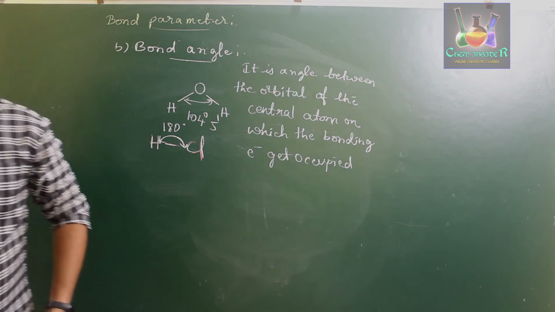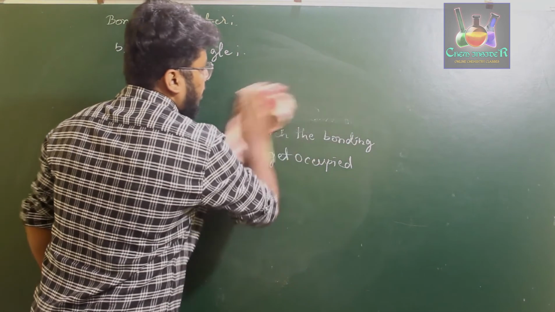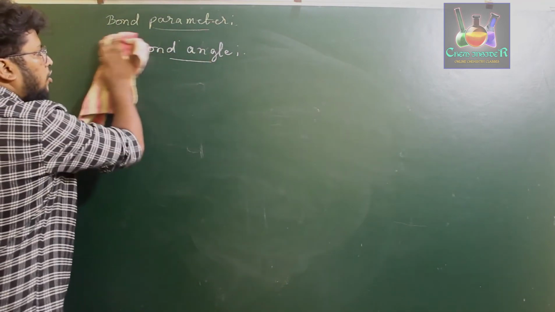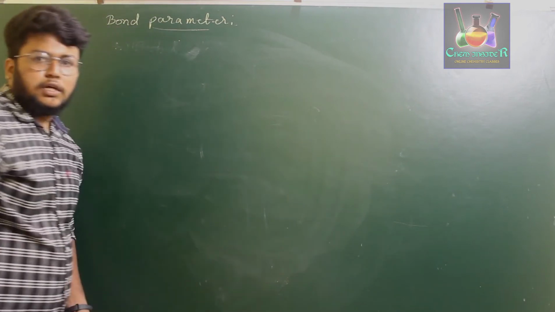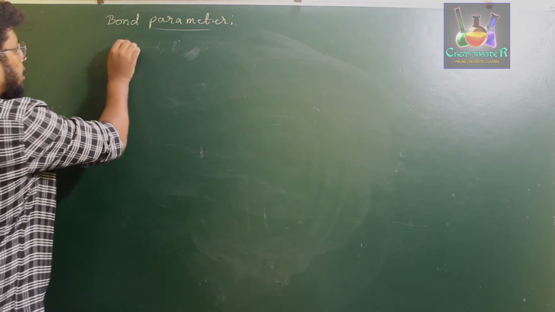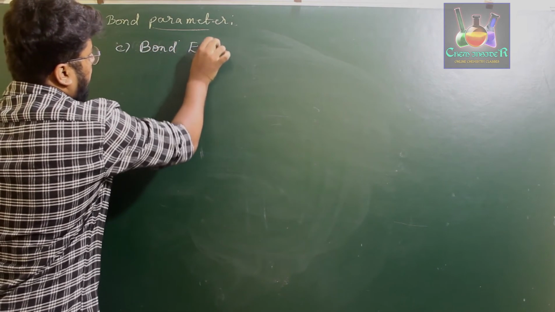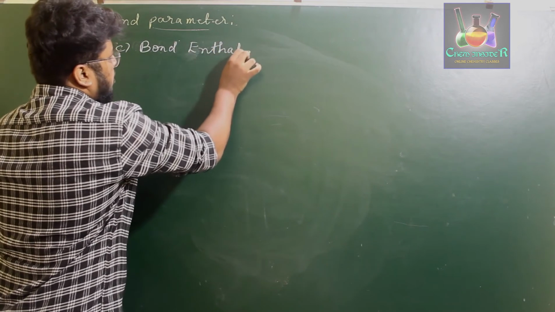Next is a very important topic called bond enthalpy. Bond length and bond angle are not that easily understood, but in the case of bond enthalpy, you need to know certain terms of how a molecule has a certain bond enthalpy.